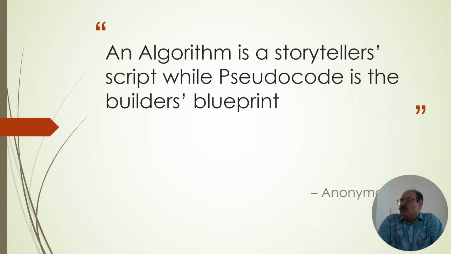Okay, so you are writing stories. So there is a small difference between an algorithm and a pseudocode. A pseudocode is a programmer's language. It is something which is going to help the programmer really create codes.